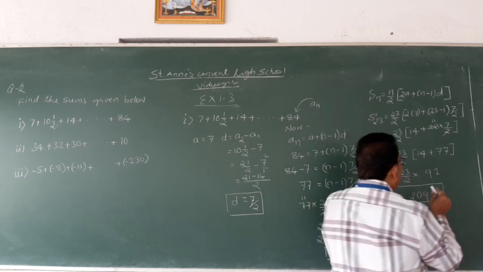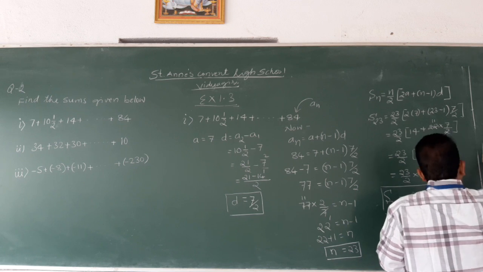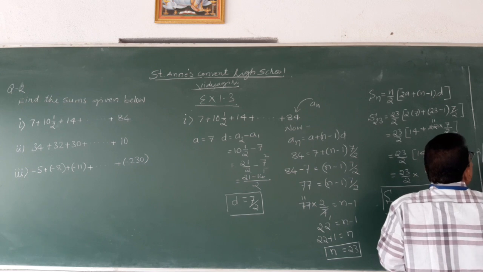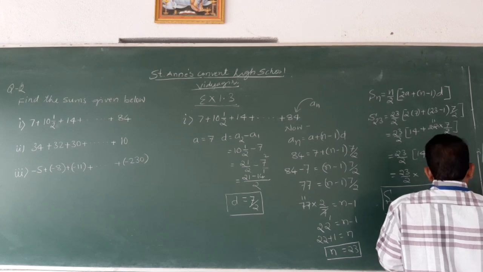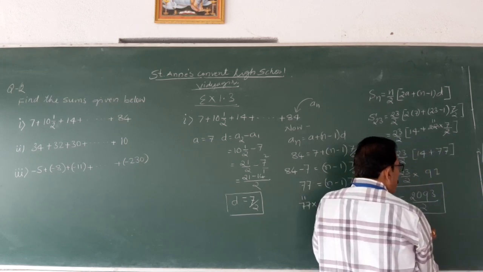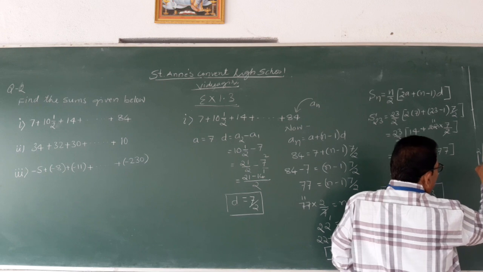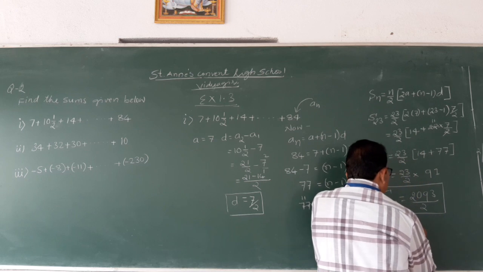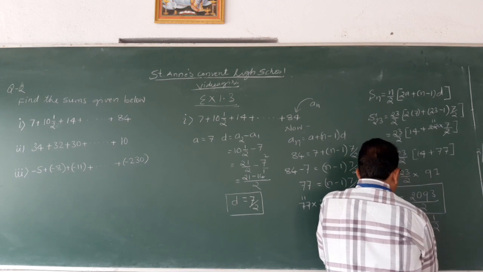Mixed fraction means we have to divide this one. 2093 divided by 2. 2 ones are 2. 2 fours are 8. 2 sixes are 12. That is equal to 1046 and a remainder of 1, that is 1046 integer 1 by 2.